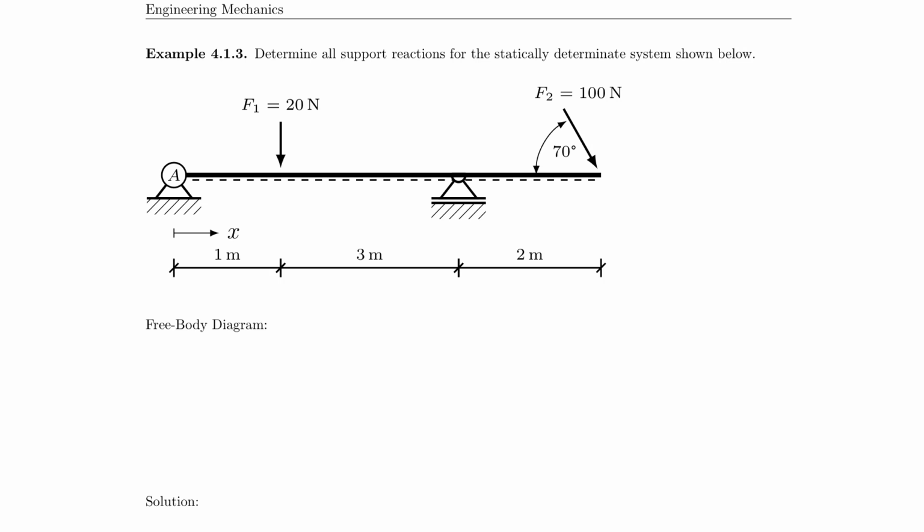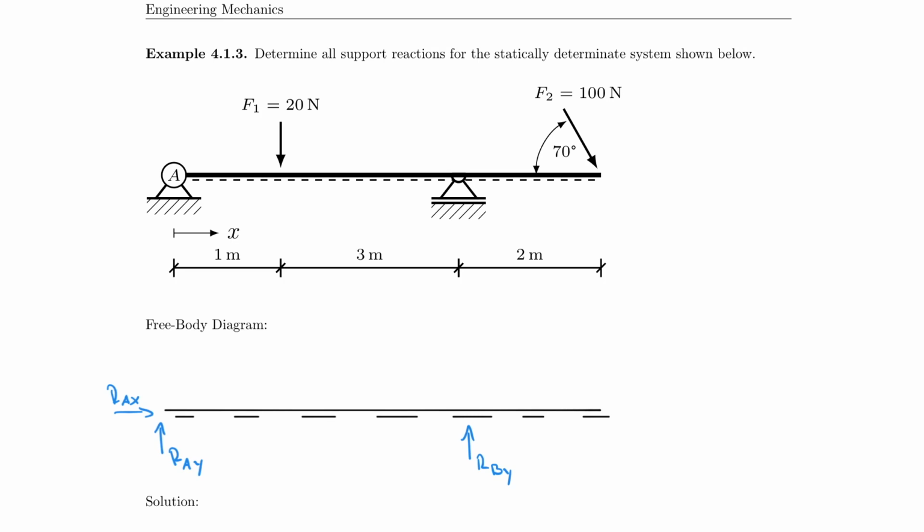So the free body diagram would look as follows. Of course, my rigid body must have a dashed line. And I need to indicate that I have my roller on the right side in this case. So this here would be RBY, and it has no other support reaction. RAX right here and RAY right here.